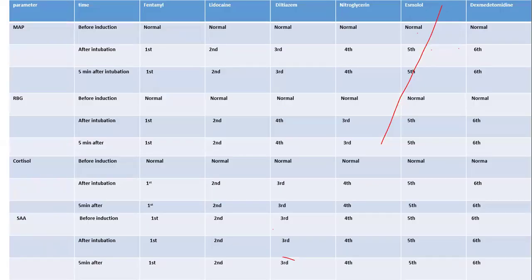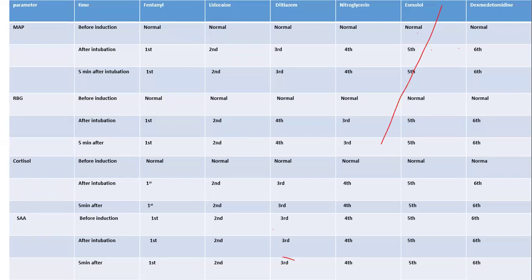Now, this was a study that was done to ascertain the various pharmacologic agents that are used to obtund the pressure response to laryngoscopy. And in this study, the drugs that were used were fentanyl, lidocaine, diltiazem, nitroglycerin, esmolol, and dexmedetomidine.